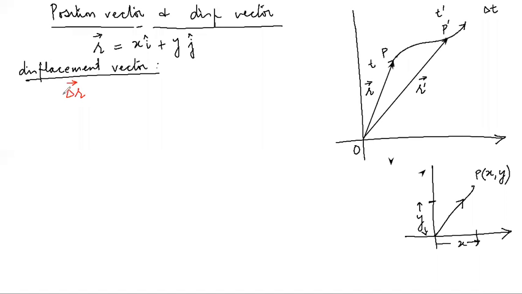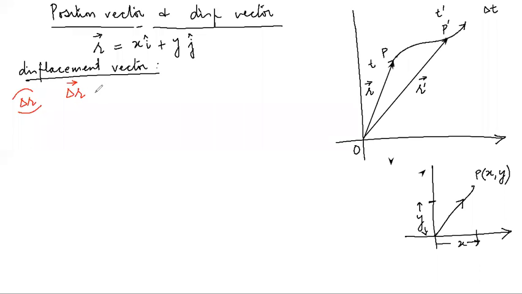Every vector, you either write it in a bold way, which I cannot, or you add an arrow on top of it to show that it is a vector. If you have not added an arrow and simply write delta R, this means the magnitude of the vector delta R. So these two points are very clear.